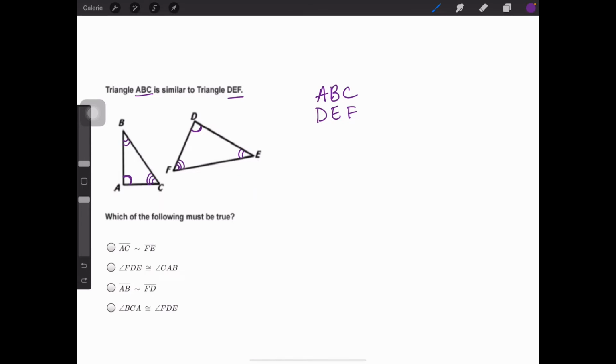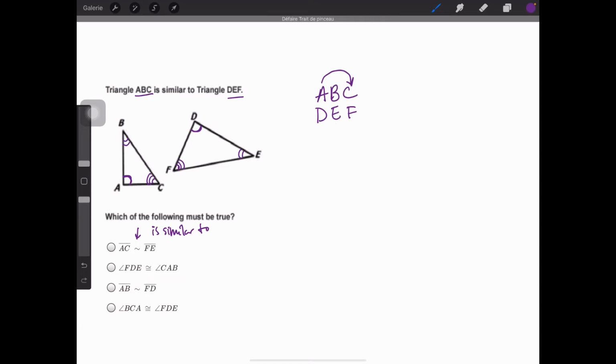So my first one, AC, and remember this mark right here is similar to FE. Let's take a look. AC, that's my first to my last letter, I'm going to draw an arrow, is similar to FE. Uh-oh, those arrows are not starting in the right place and ending in the right place.